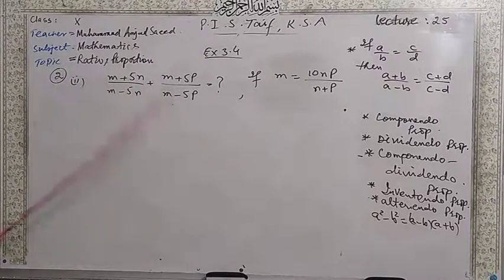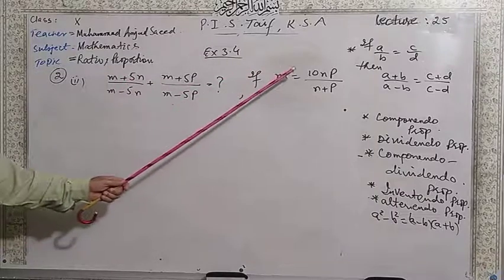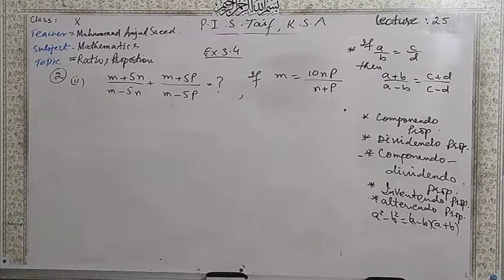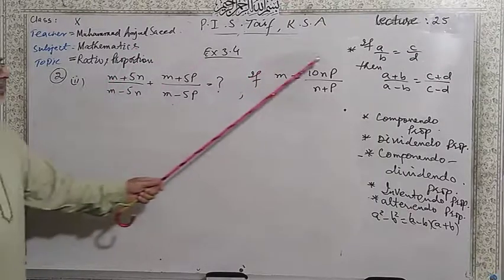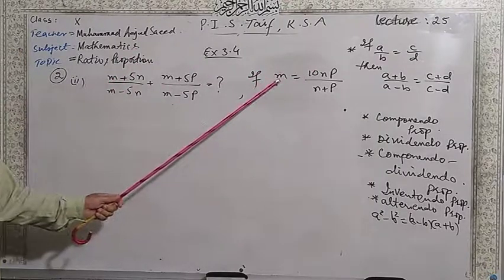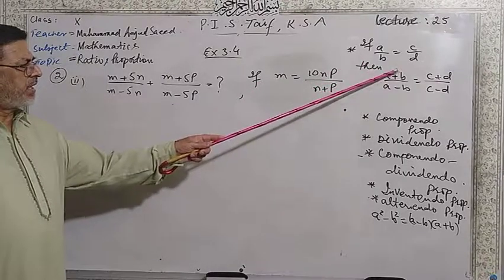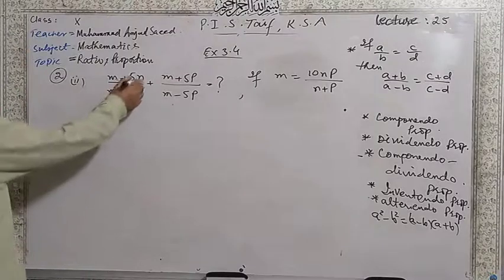Dear students, there is a hint here. If you bring 5n to the denominator of m, and apply the componendo and dividendo property, then you can get this portion.